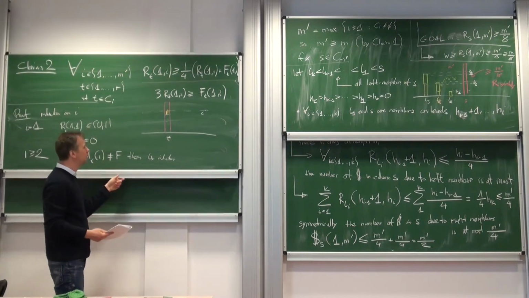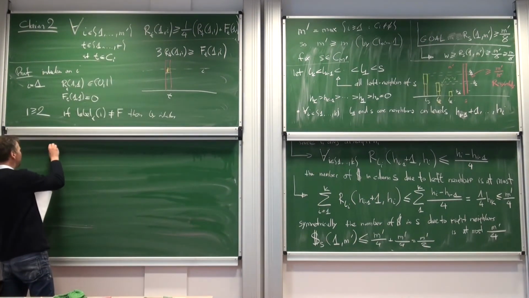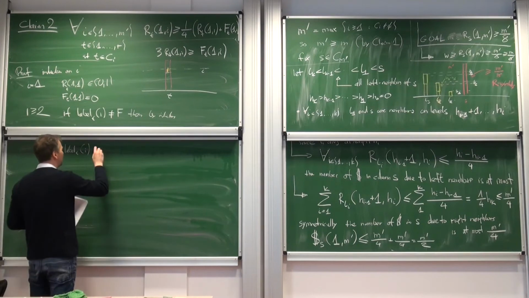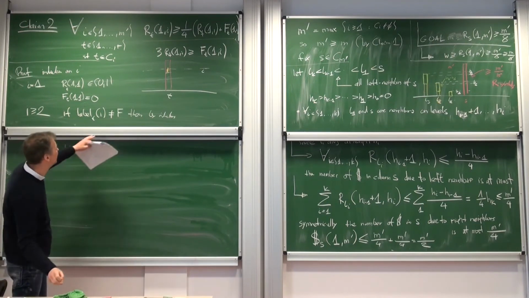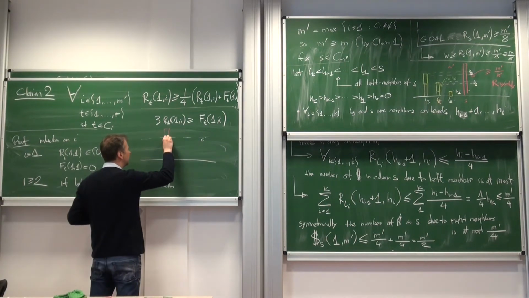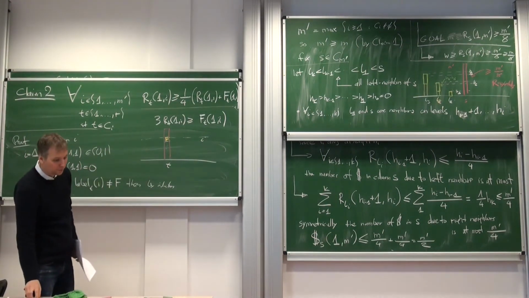So the only interesting case is when the label on this ith level is actually F. So let's assume that the column gets F here, so it qualifies for F. What does it mean?